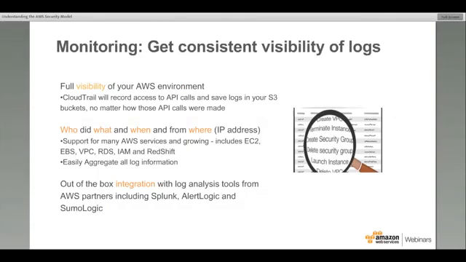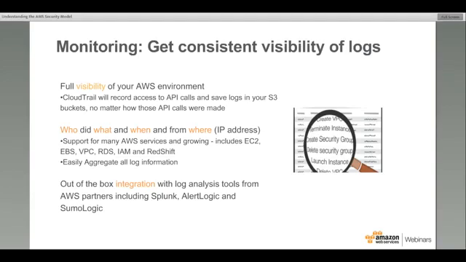One of the big things that's also different between security in data centers and security in AWS is you have lots of visibility going on. Most of our services have some ability to generate log files, and we encourage you to take advantage of those. One of the most important services that's come out is CloudTrail.